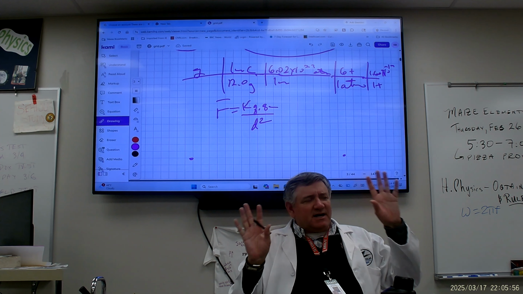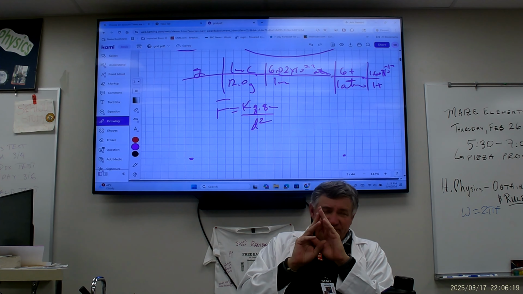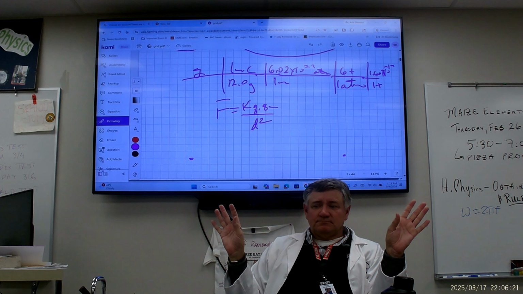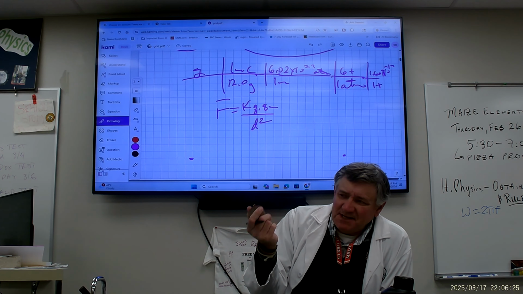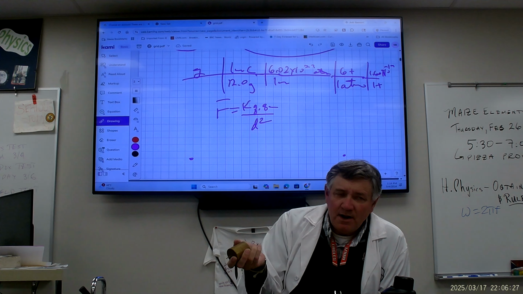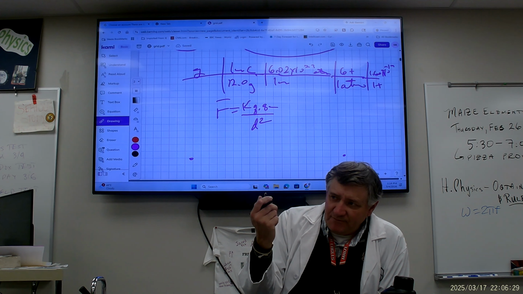This is just 1 pollen grain here, 1 pollen grain here, not a whole bunch of pollen grains. The pure force of repulsion is about 3 times 10 to the 6th times greater than the weight of this.